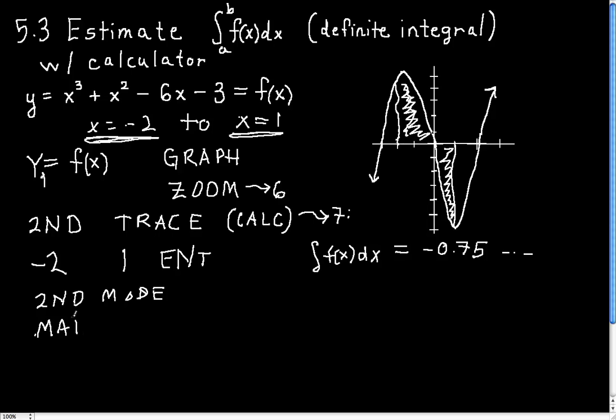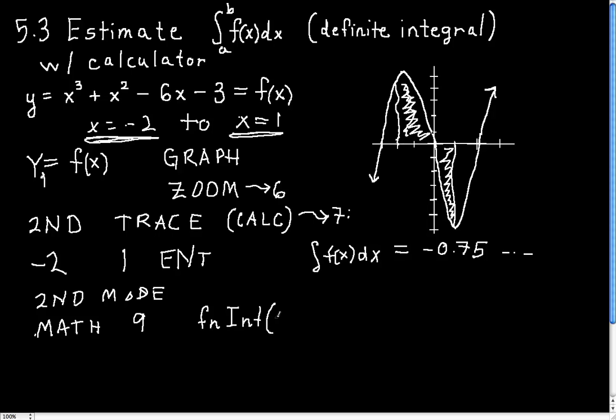It is a couple keys under the second key. You can push math, and you can either scroll down to option 9 or just push the number 9. And then on your home screen, this will come up. It'll look like FNINT, which probably stands for function integral or something like that, and an open parenthesis.